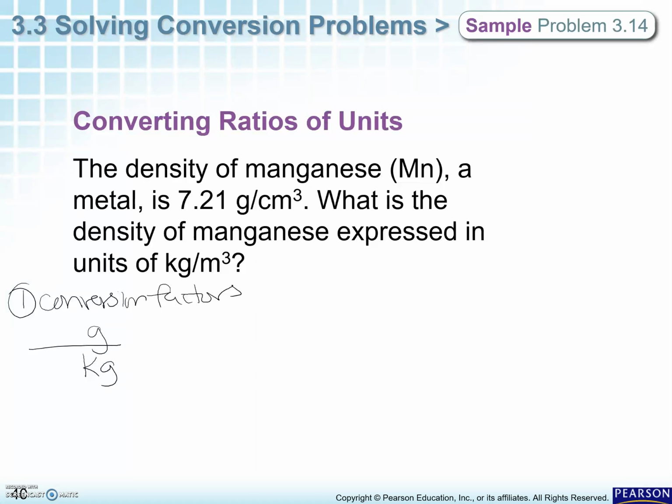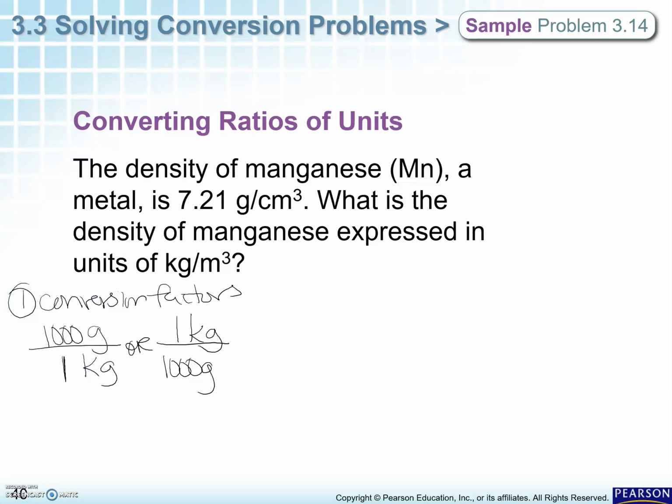If you look at table 3.2, you would see that kilo means times 1,000, so that must be bigger. That also means it takes 1,000 grams to make up that 1 kilogram. Or if you wanted to look at the reverse, that would be 1 kilogram over 1,000 grams.